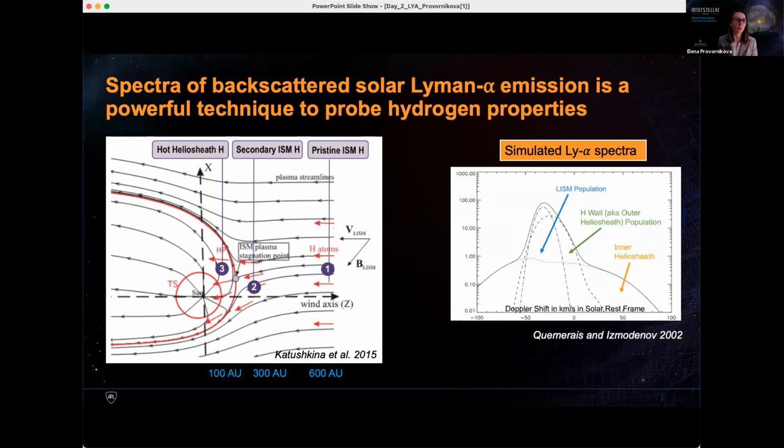This is the contribution from original pristine hydrogen. Then the dash line, which actually deviates from this nice Maxwellian. This is the contribution from the secondary hydrogen atoms created outside the heliosphere in the hydrogen wall. And also the dotted line, this is the contribution from hydrogen atoms created in the helium sheath. So this is what we expect to see if we measure line profile from 1 AU. Next slide, please.